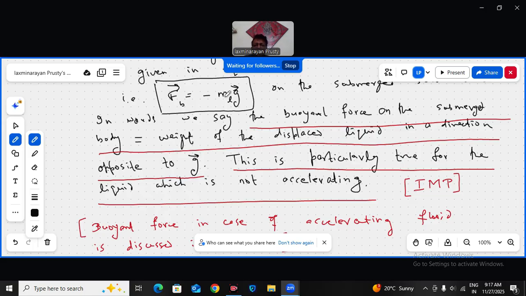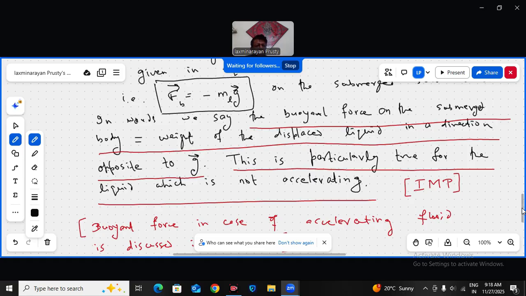This ml is the mass of the liquid which you have displaced out, and in its place you have placed the solid object. So the weight of the displaced liquid, in the direction opposite to g bar. The minus means opposite to g bar. Am I clear? The buoyant force on the submerged body is equal to the weight of the liquid which has been displaced to accommodate this solid object, and the direction is opposite to g bar.